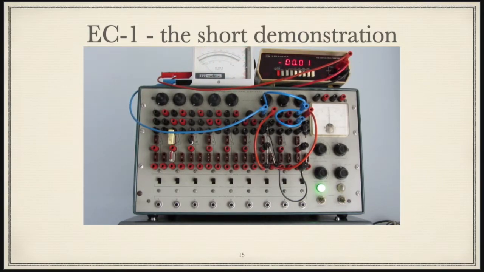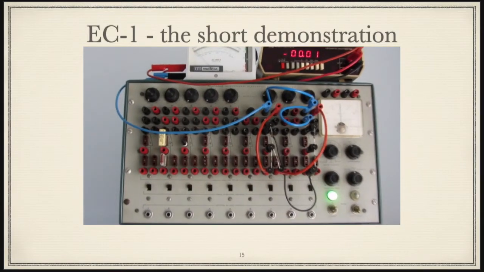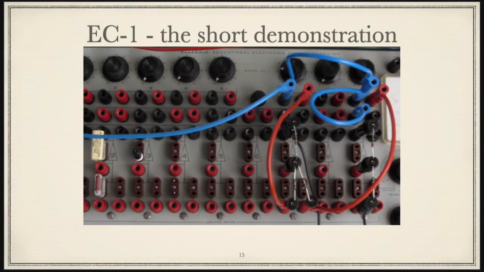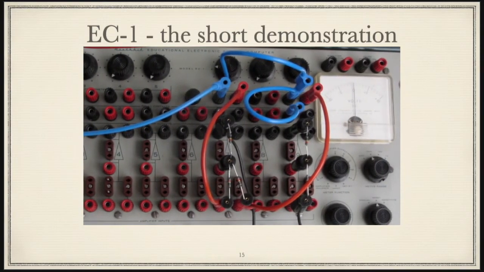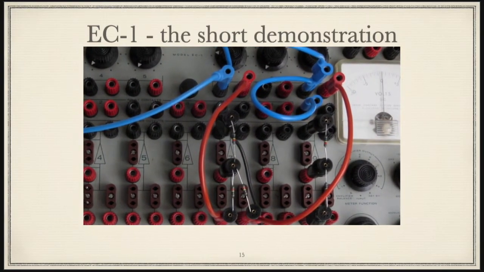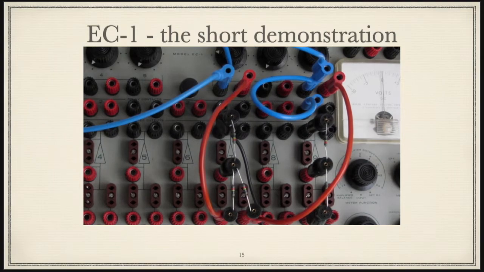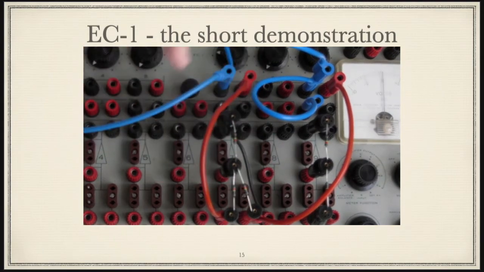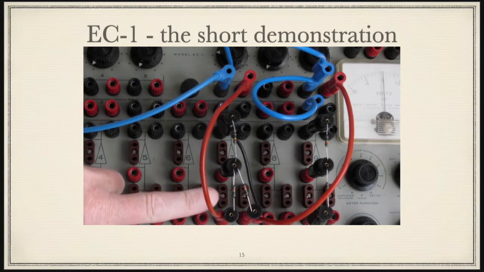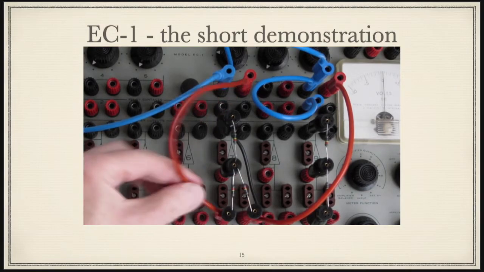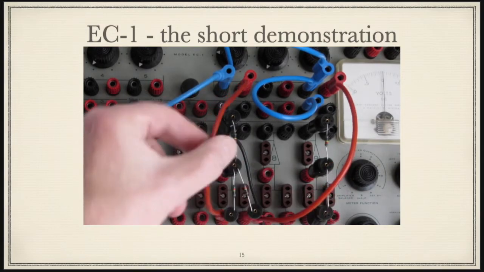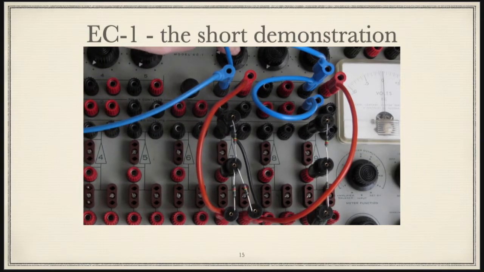So let us look for a detail before we start. A little bit more here. We have here a summer. You see here the resistance, input 1, input 2. Input 1 is coming from this potentiometer.